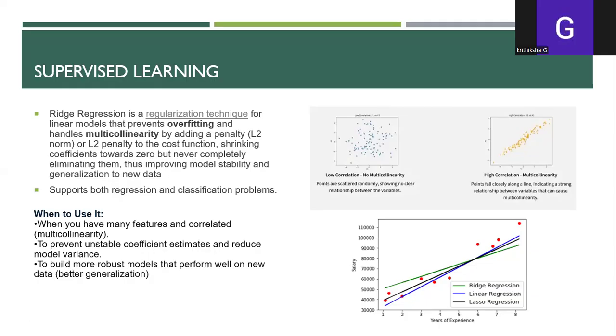To make it clearer, I can give an example. Consider house price prediction, where the input features are house size and number of rooms, and the output is the price of the house. But here we have the multicollinearity concept. How? In the input features, house size and number of rooms, both features have a strong correlation.